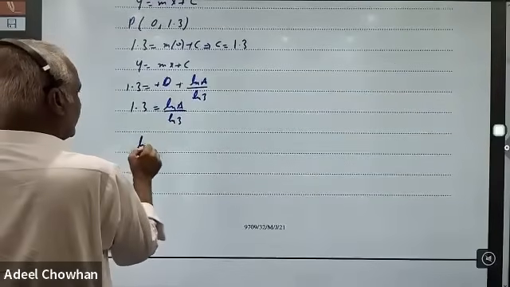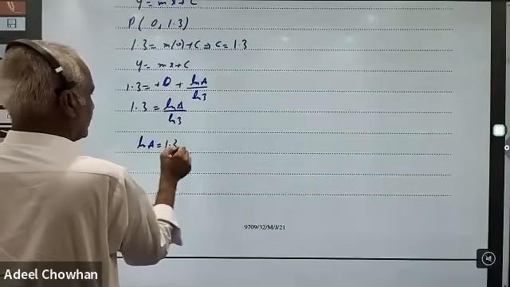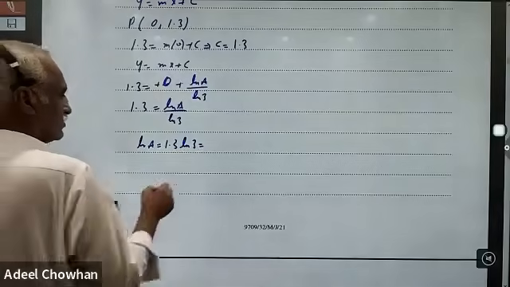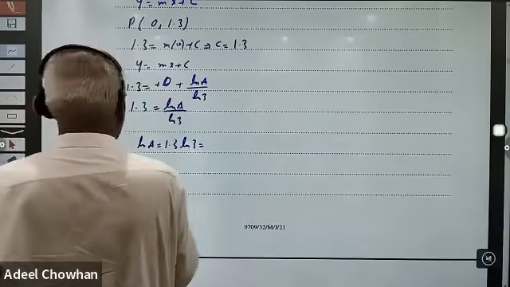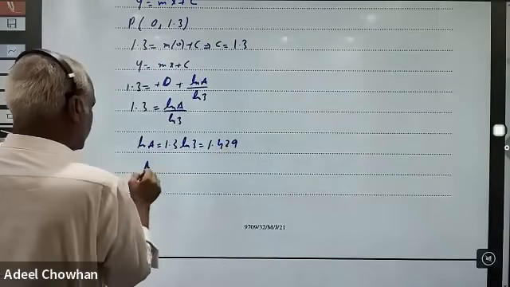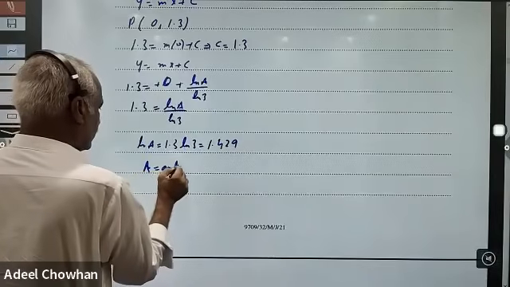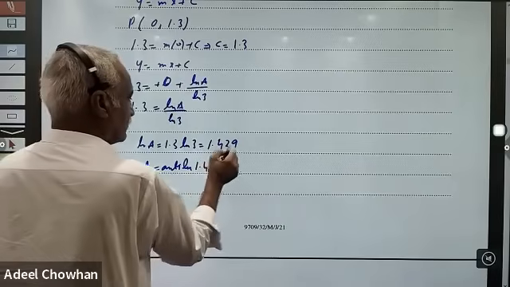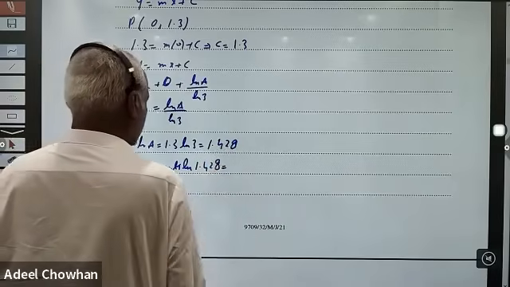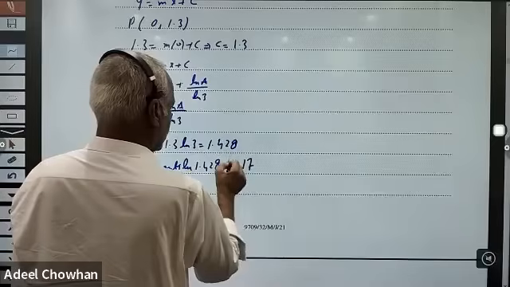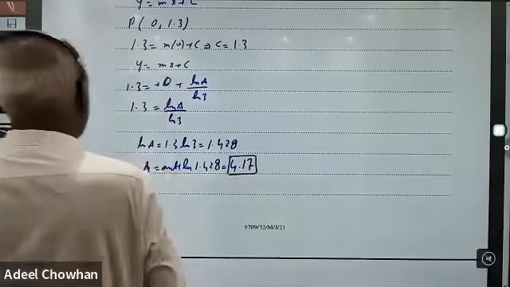So log of a is equal to 1.3 log of 3. So that value is equal to 1 point something. So the a value is the anti-log of 1.428. So that value is equal to 4 point something. So this is the value of a there.